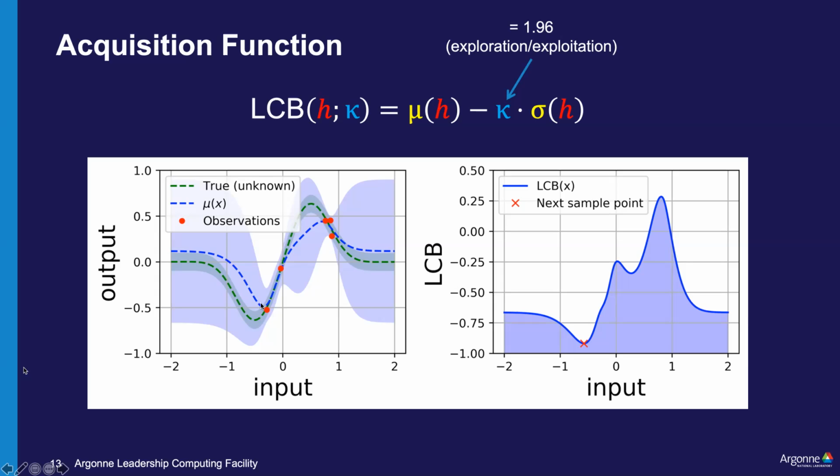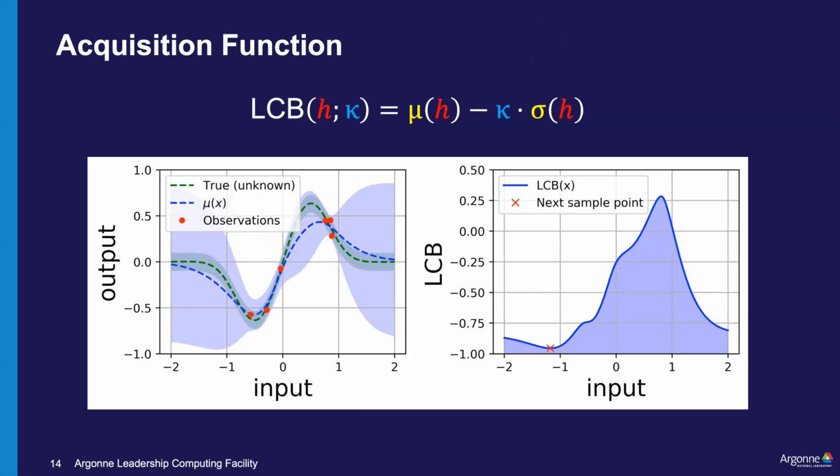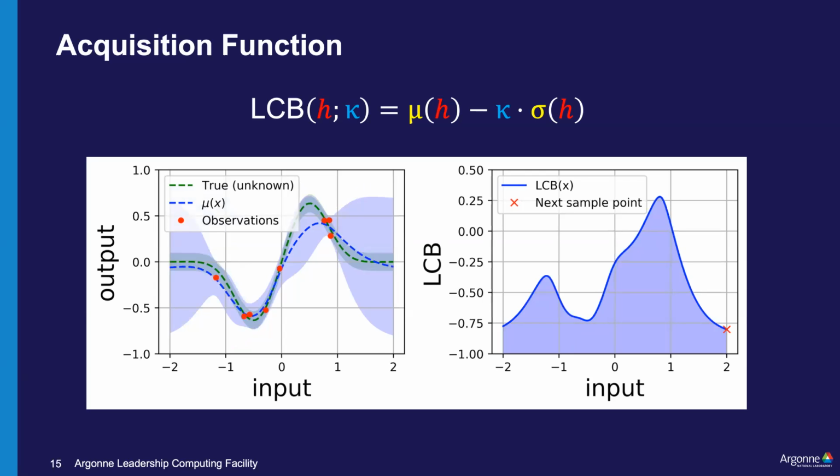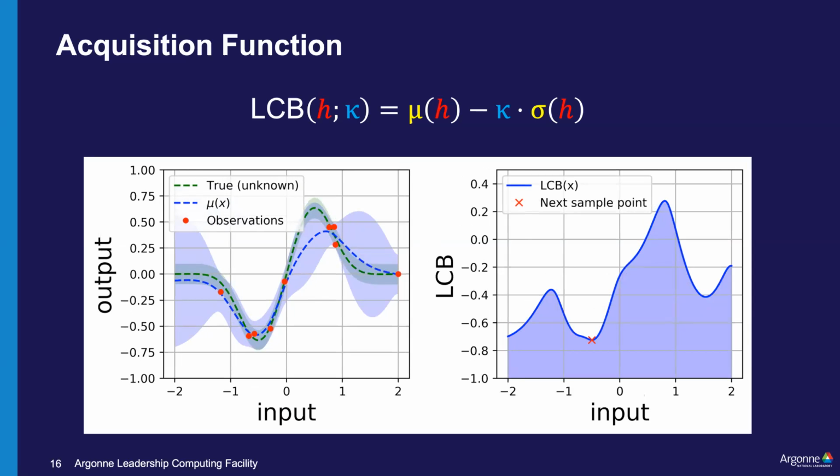So you stay where you know. However, if you increase this kappa value, the standard value is 1.96, you will likely explore different areas and move away from this local minimum. Let's iterate. And with new points, you see that we reduce the confidence interval.